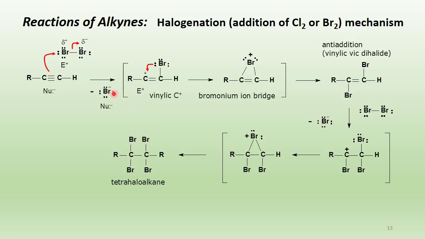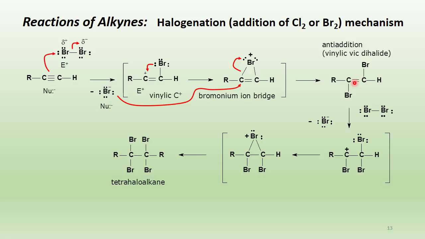And that forces the bromide, the next atom in, to come in from the opposite side of the bridge, bonding to the carbon that was the carbocation and which bears most of the positive charge in the intermediate. The bridge will then break. It's temporary. The product at this point is a vic dihalide, but it's a vinyl vic dihalide.